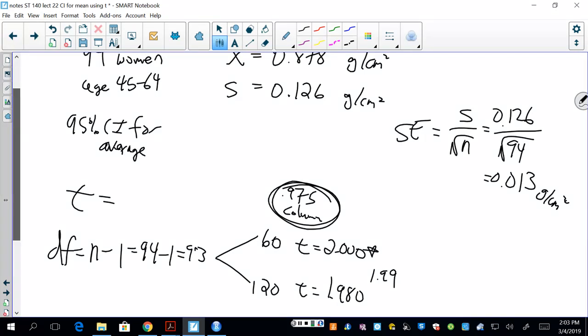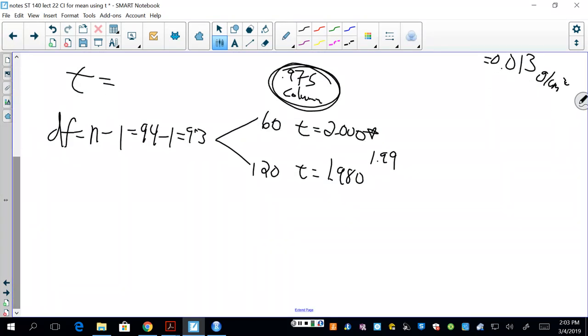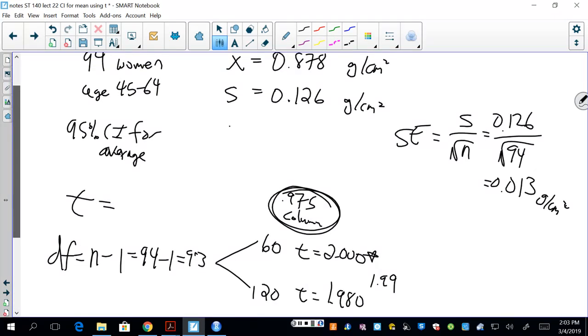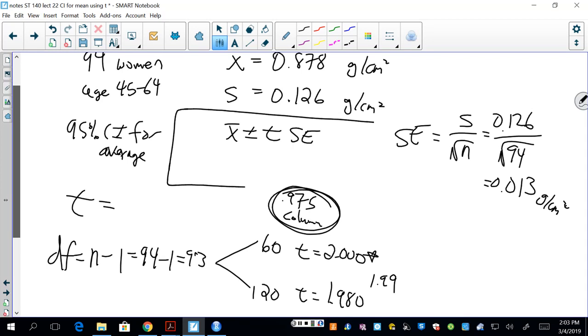So our interval, given everything: x bar plus or minus a t-value times the standard error. I'll use this in here. 0.878 plus or minus 1.99, and our standard error 0.013 over there.